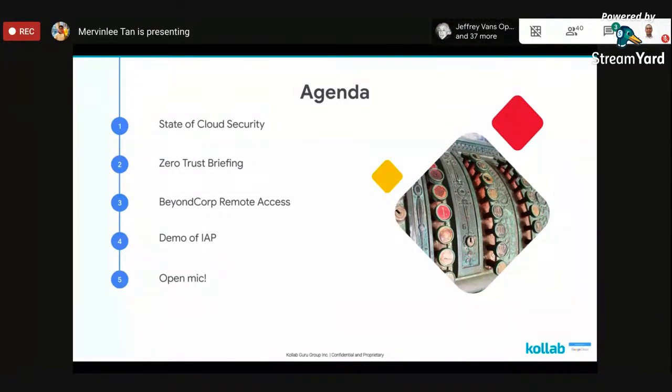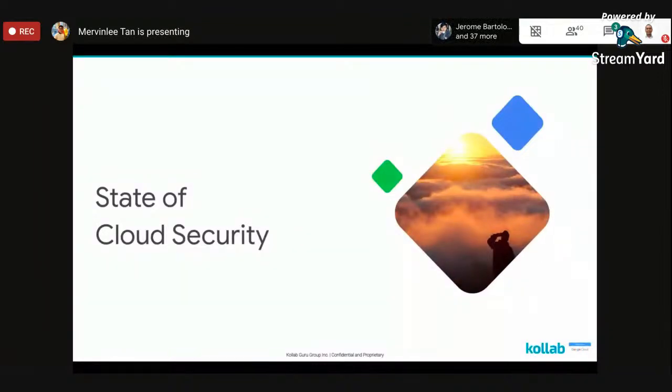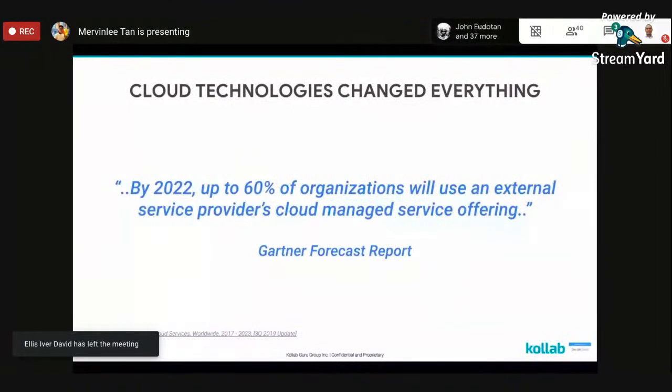Anyway, let's start. I'm going to talk first about the state of cloud security, what's happening outside, so that we can appreciate what's happening in the cloud space as well, and the innovations happening in Google Cloud. A few quarters back, specifically Q3 of 2019, Gartner released a report saying around 60% of organizations will be using an external service provider managed in the cloud by 2022.